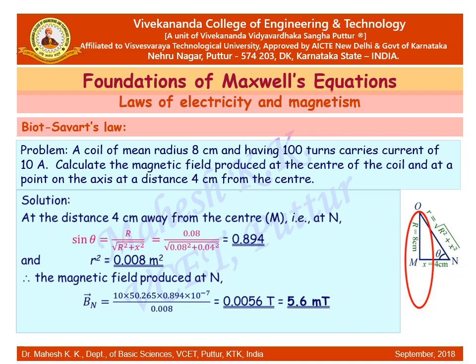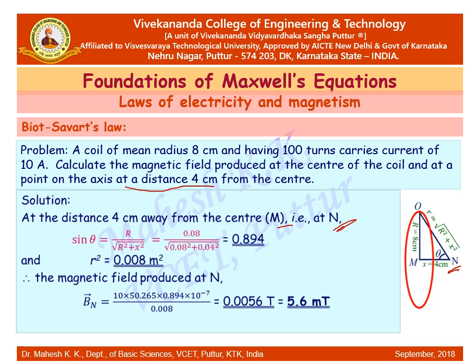Now let us estimate the field at the point at a distance 4 cm. So where is it? It is at N. Here we need to calculate sine theta because we need to substitute that in the formula.